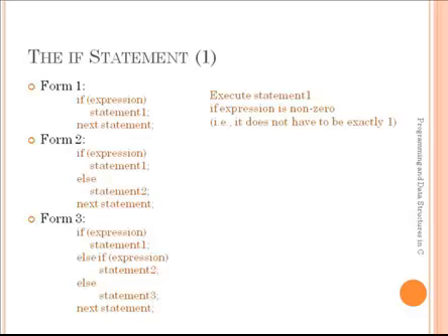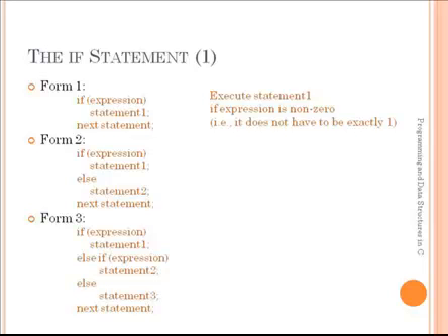Whenever this type of statement exists in your program, first it computes the expression. If this expression is true, the control will go to statement 1. Otherwise, the control will jump to statement 2.